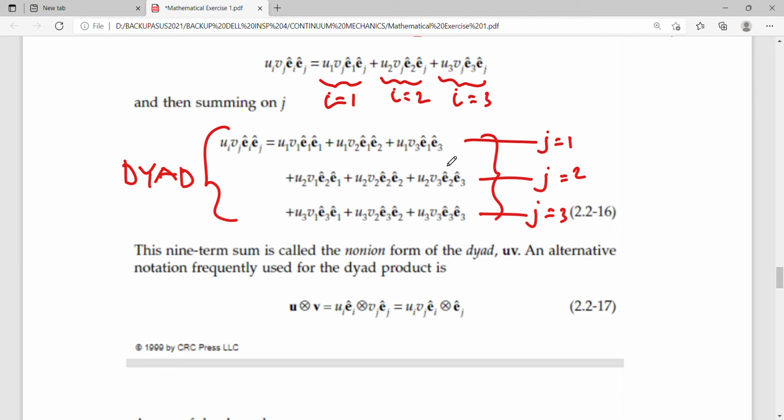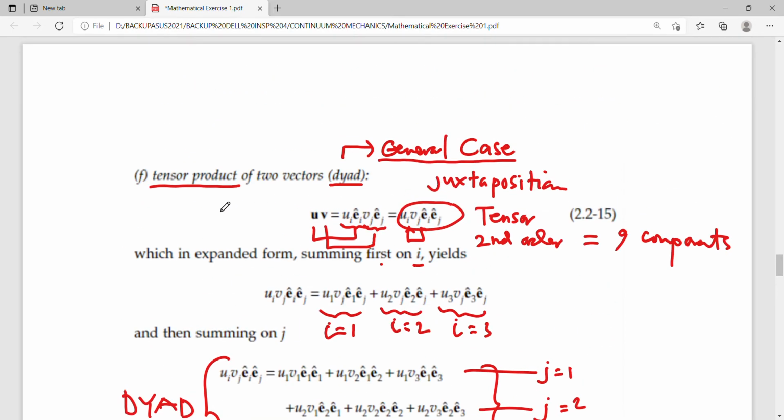So they are defined in terms of directional basis vectors. But if you look at the context of ignoring the directions, then you can say that this is now a scalar, but that's not the case. So in general, the tensorial product of two vectors is not a scalar, and it's also not a tensor of second order.